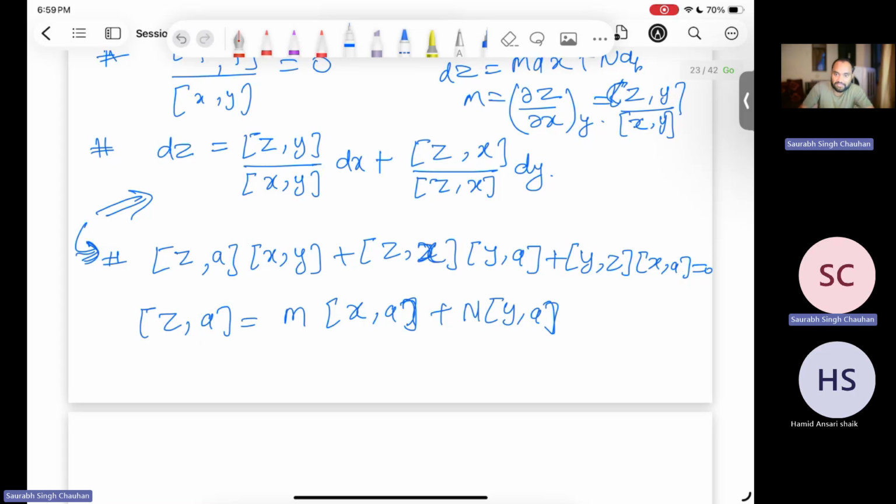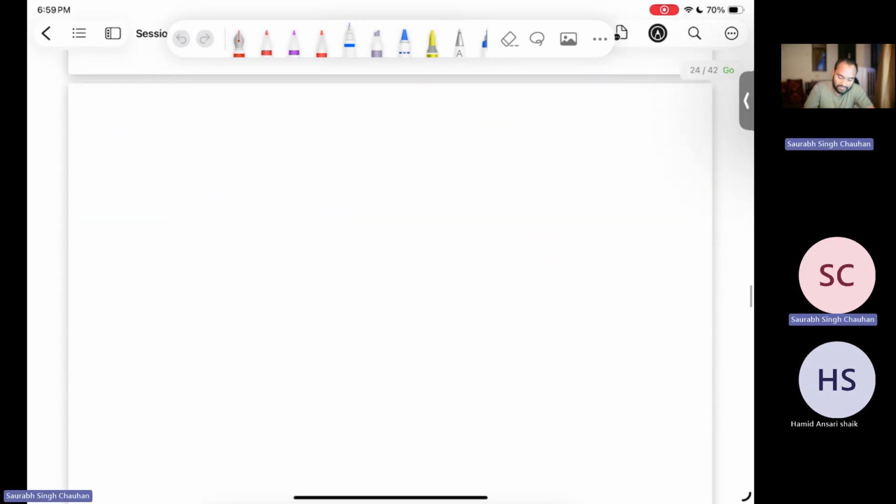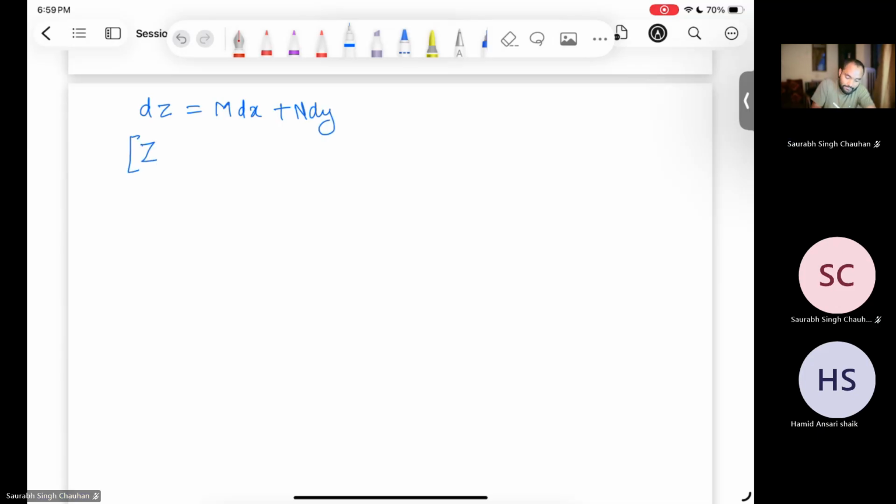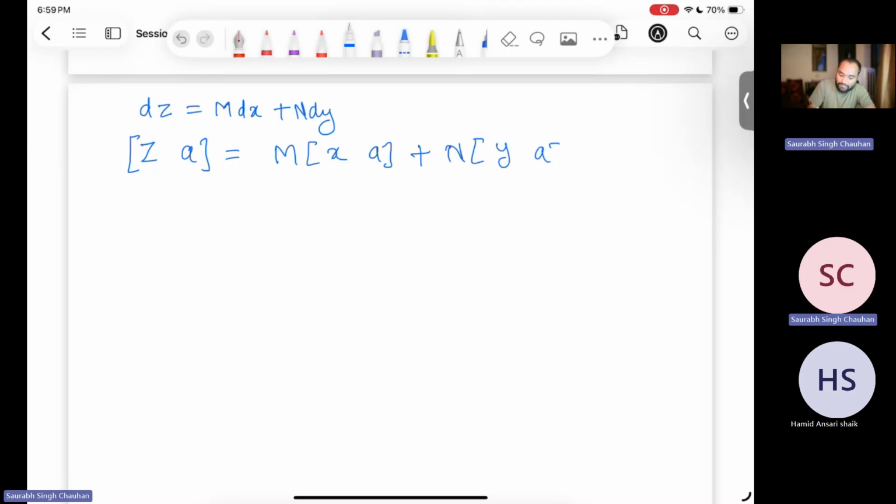So these are some properties, and now we will write the Maxwell equations in terms of these properties. This last one is a very important property. If you have dz equal to m dx plus n dy, you can write it in terms of Jacobian of z comma some dummy variable a equal to m times Jacobian of x and the same dummy variable, plus n times Jacobian of y and the same dummy variable.